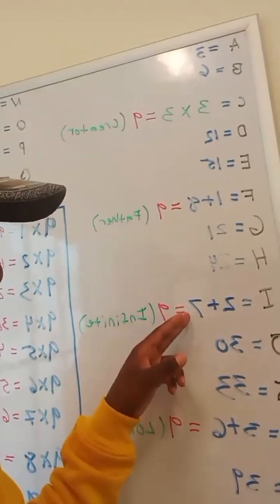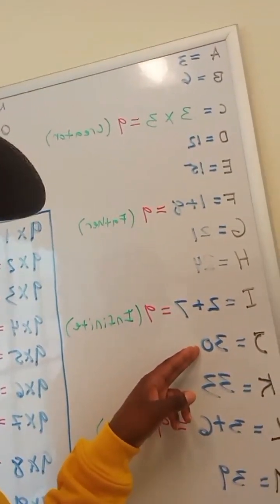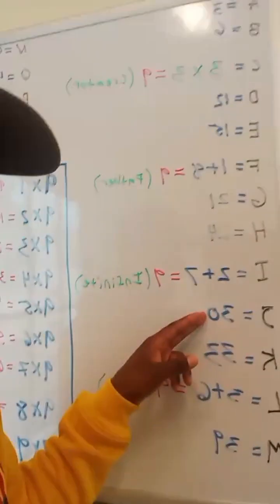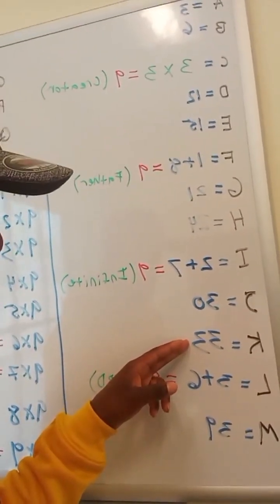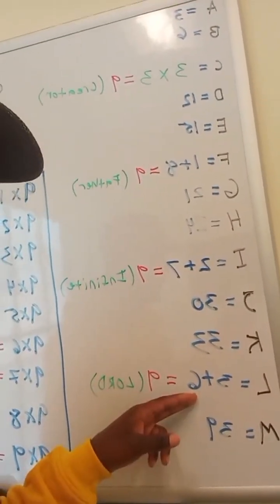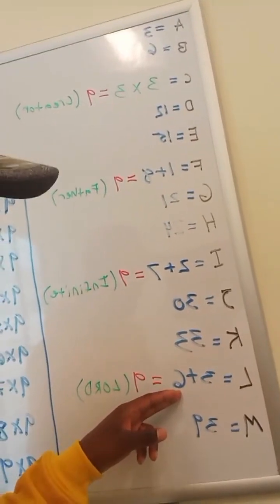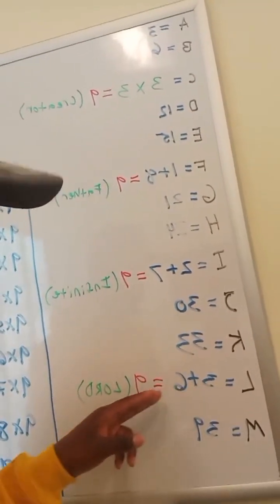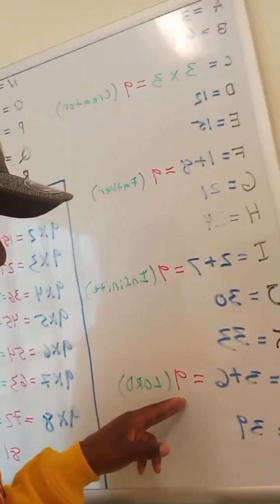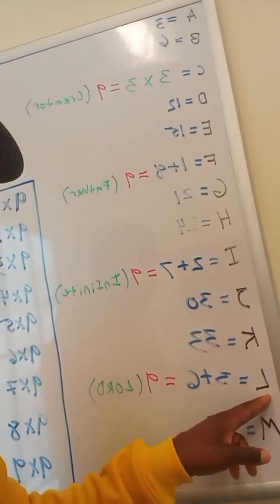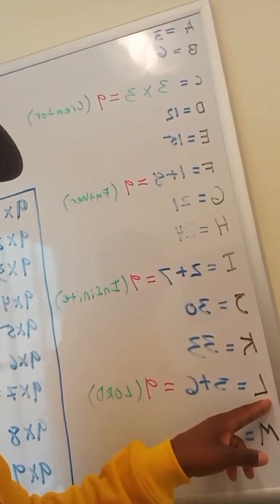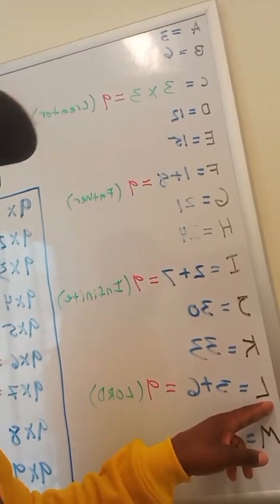And then 3 from 27 is 30. Okay, and then we got K, 3 from 30 to 33. Then we got L, 3 from 33 to 36. And if you add the digits 3 and 6, you get the sum 9, which represents the Lord. And we got the L right here. Remember, 9 represents something that is infinite.